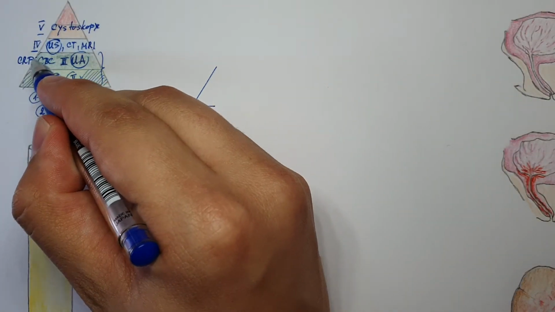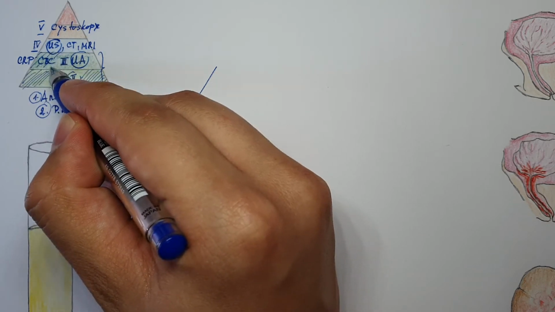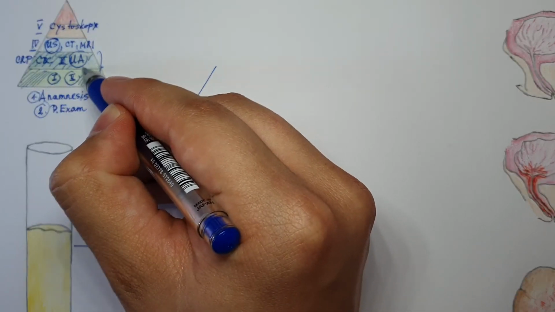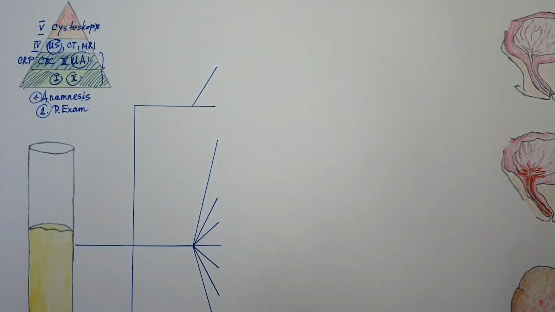So a second step to prove a urinary tract infection with a test would be to do a urine analysis. And this is really a baseline laboratory test everyone can do and analyze.